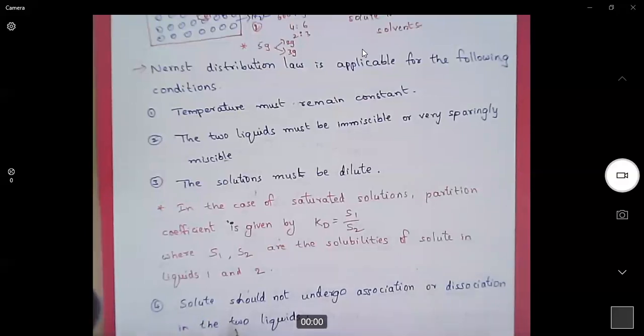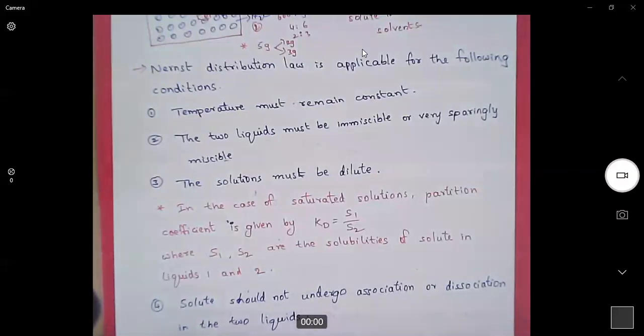And finally, the solute should not undergo association or dissociation in the two liquids. That means the solute should be as such in liquid 1 and liquid 2. It should not undergo any chemical transformations in both the solvents, either association or dissociation.